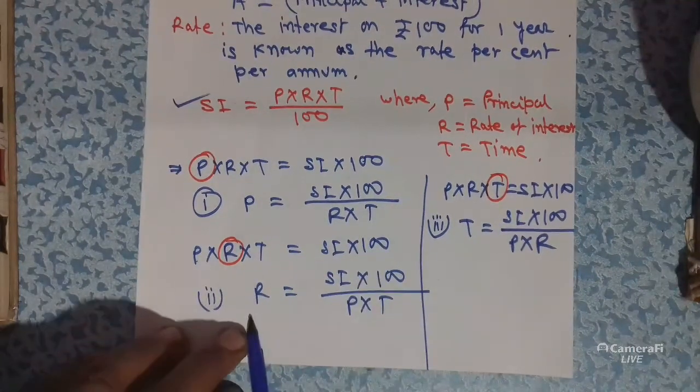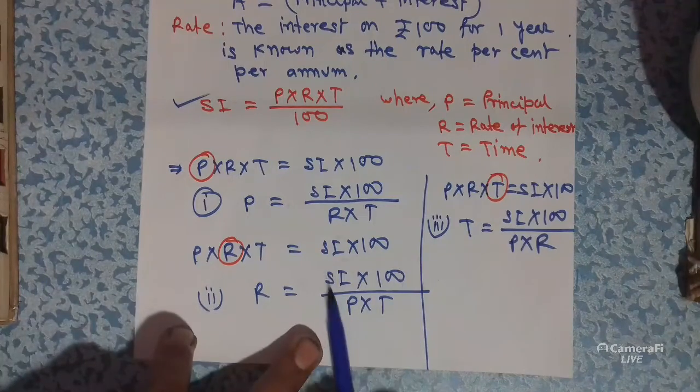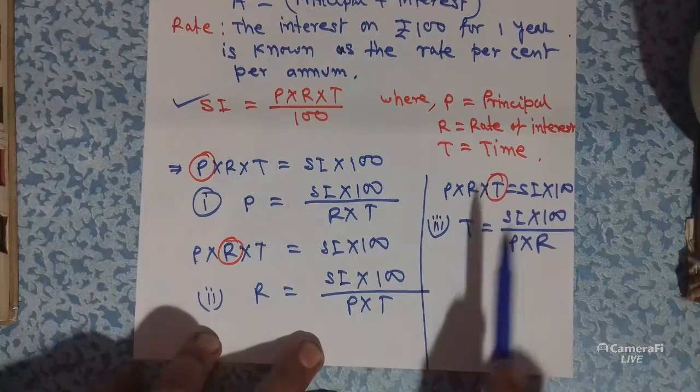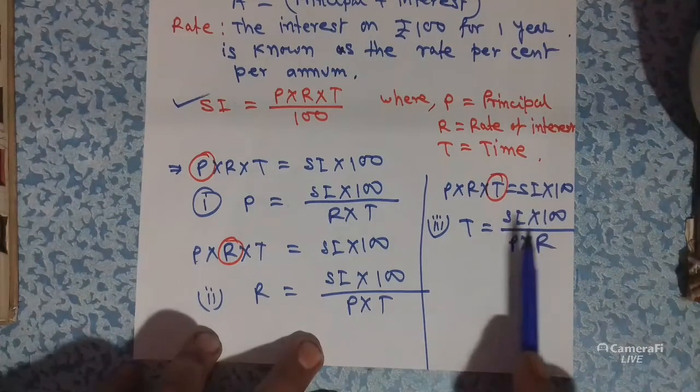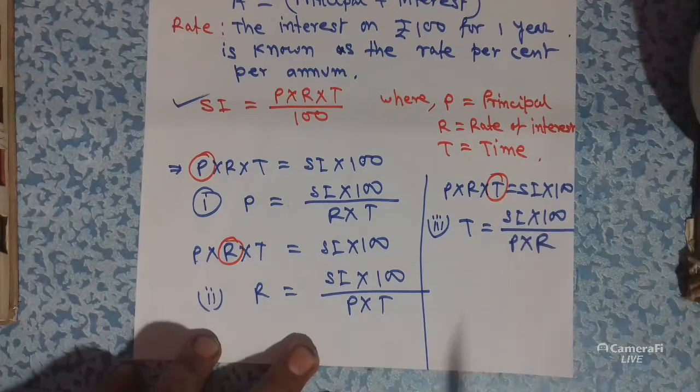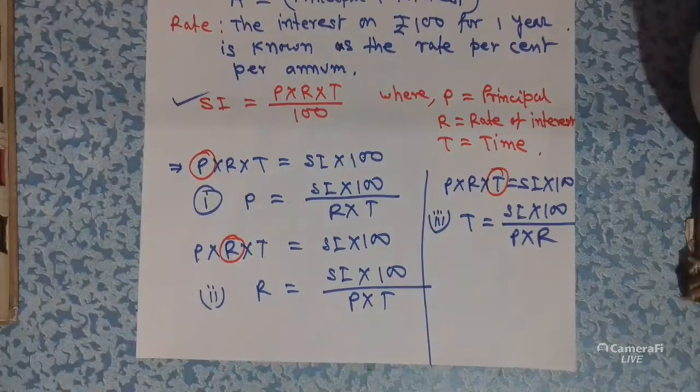When we have to find rate of interest, we use SI multiply 100 by P multiply T. And when we have to find T, that means time, we use SI multiply 100 by P into R. Now I am going to show you some examples of how to find simple interest, principal, rate and also time.